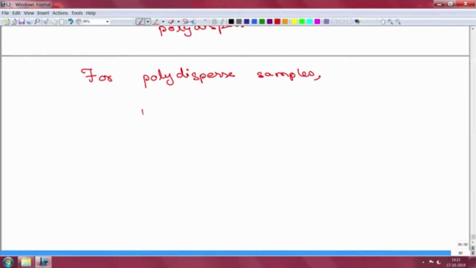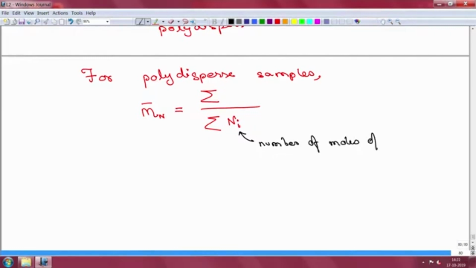Let us say we define this quantity Mn, which is an average quantity, and that is given as a summation of Ni, I am going to divide this, that is why it is going to become average. Ni is the number of moles of the ith component.